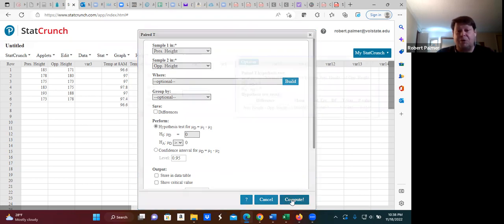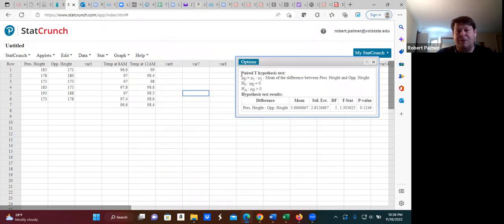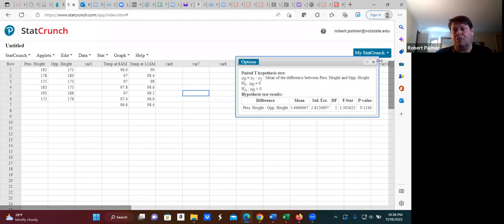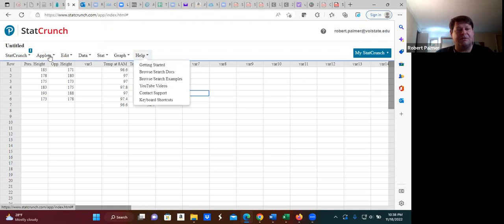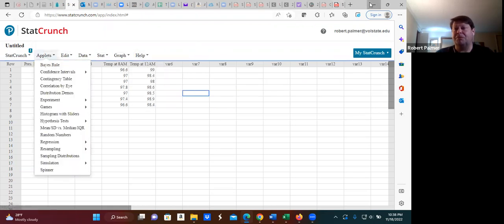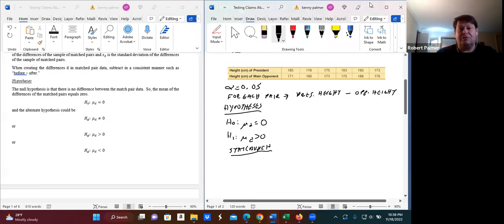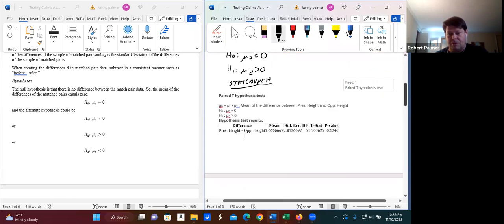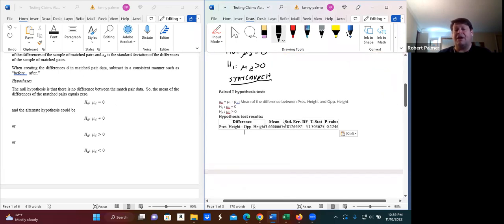And then we click compute, and let's copy this data into our Word document and take a look at what we have. Once again, we can save this for later if we want, and go back and look at it again. Okay, so from StatCrunch, it calculates the mean.